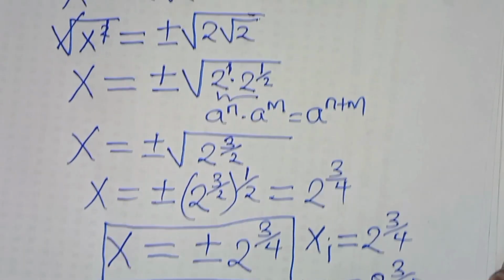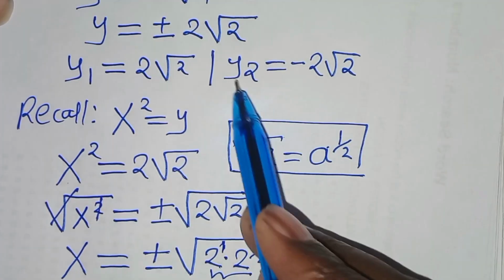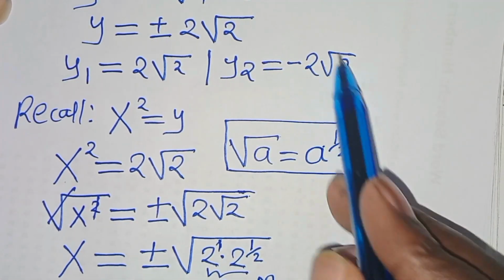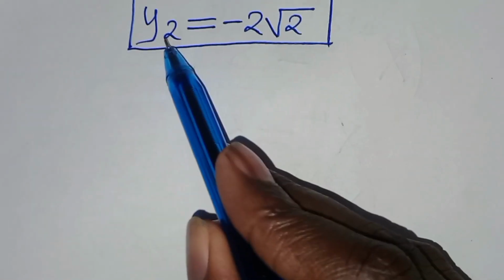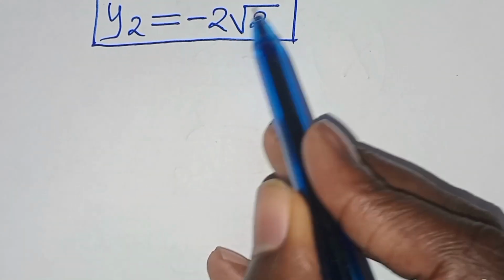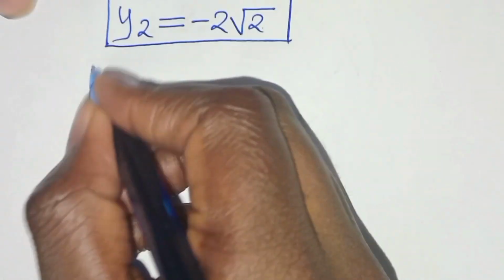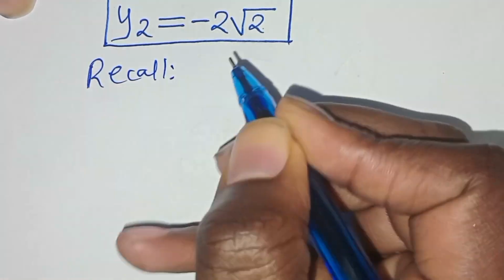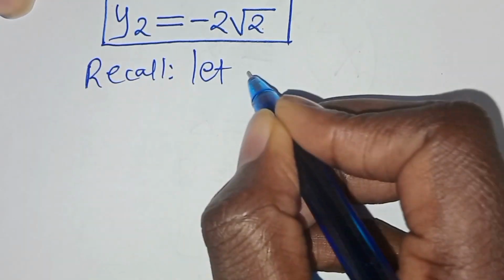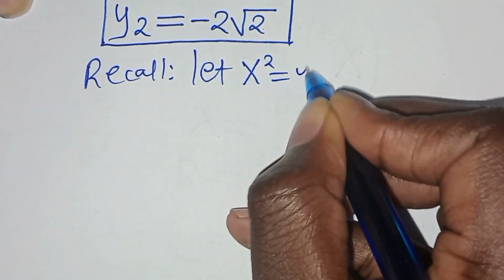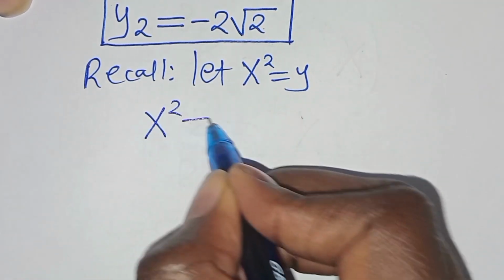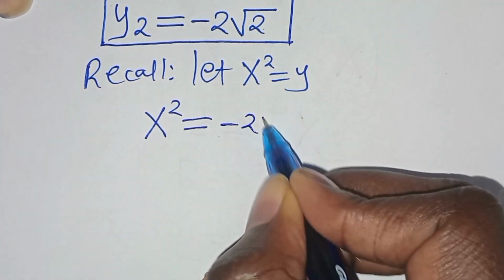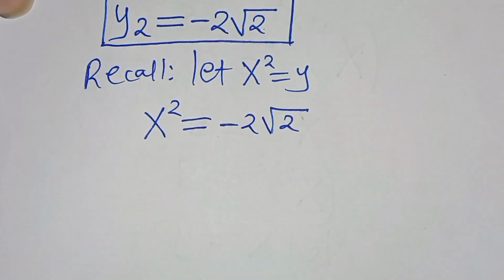So let's solve for x, given that y2 is equal to minus 2 square root of 2. Now we have that y2 is equal to minus 2 square root of 2. And if you recall again, we have said that let x squared be equal to y. Substituting here, we'll have x squared equal to minus 2 square root of 2.